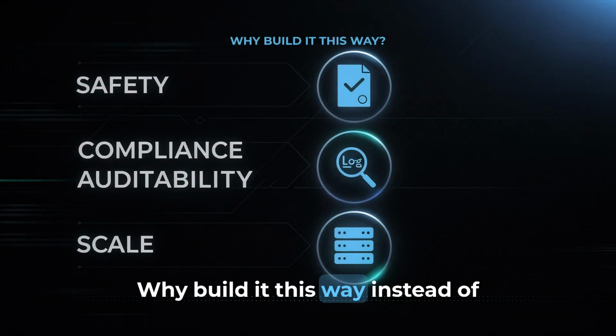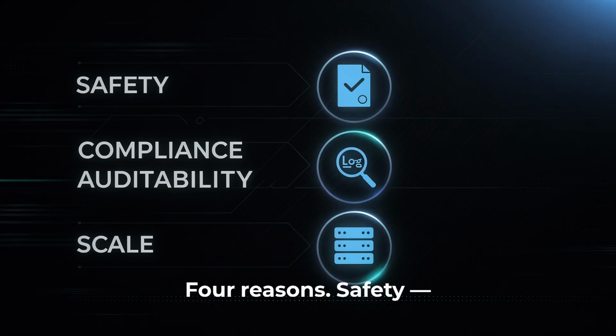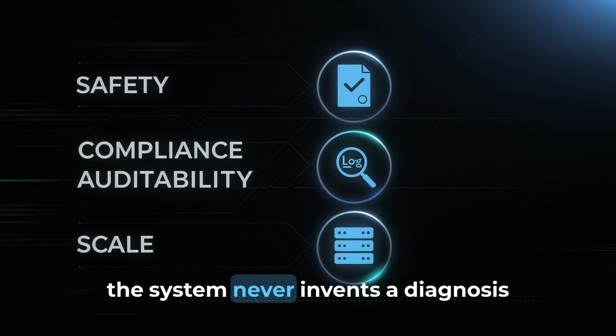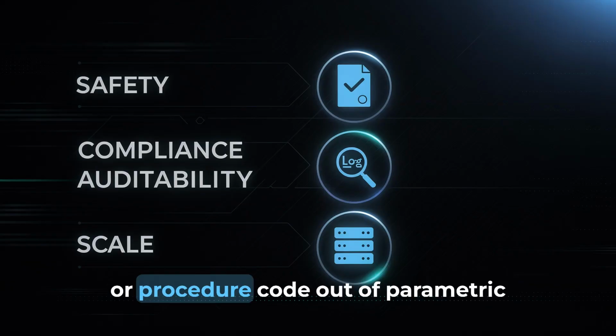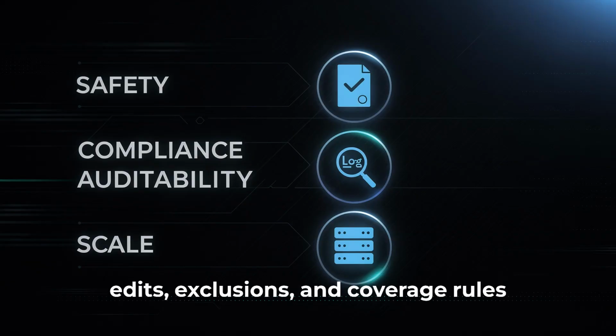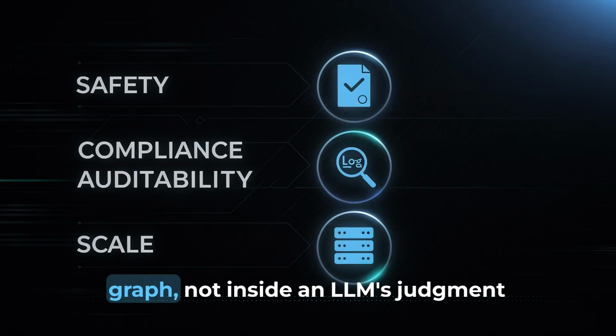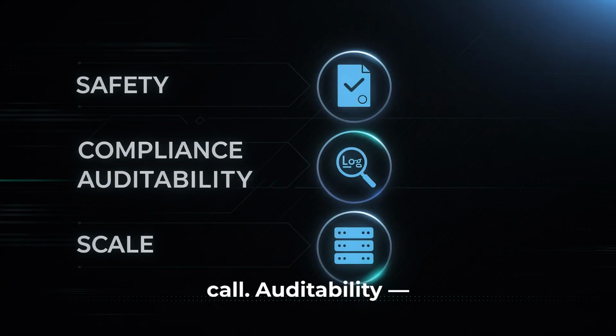Why build it this way instead of one big prompt? Four reasons. Safety. The system never invents a diagnosis or procedure code out of parametric memory. Compliance. CCI and NCCI edits, exclusions and coverage rules are deterministic. They live on a graph, not inside an LLM's judgment call.